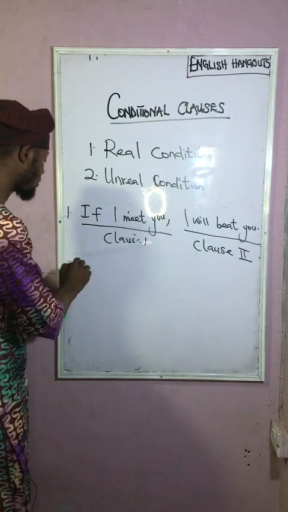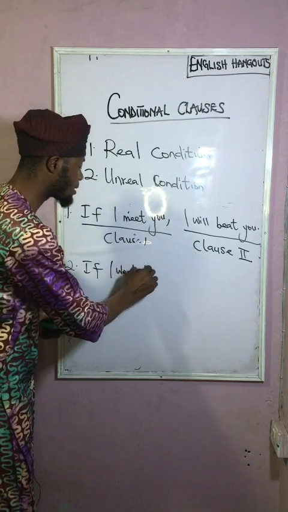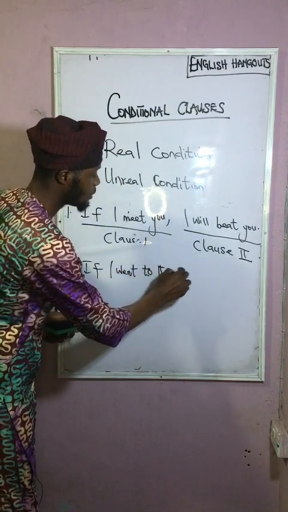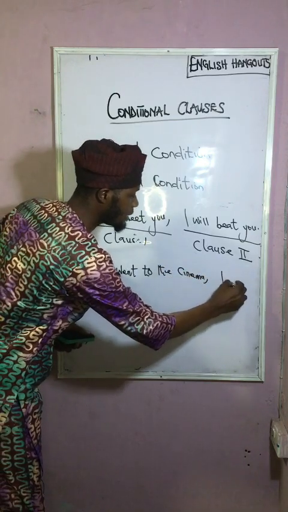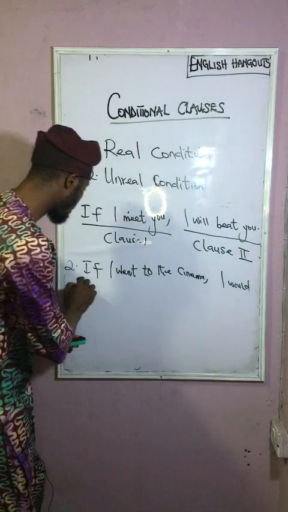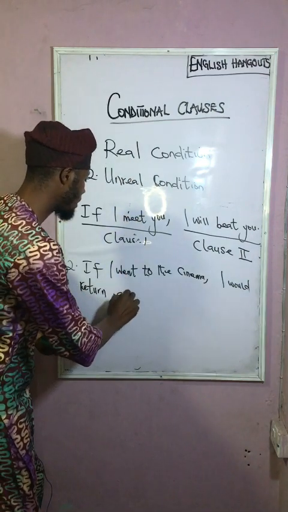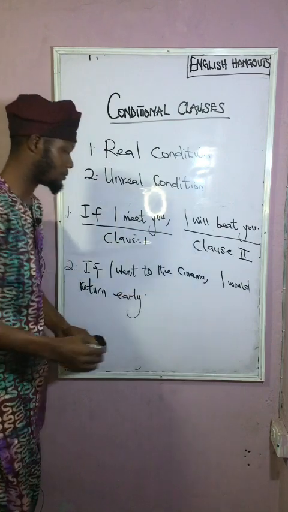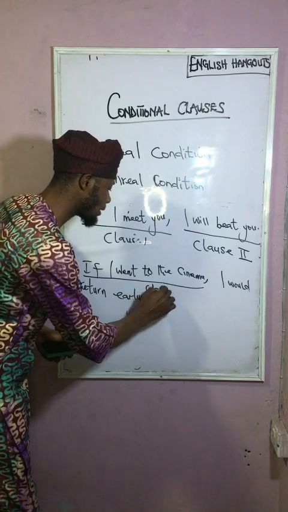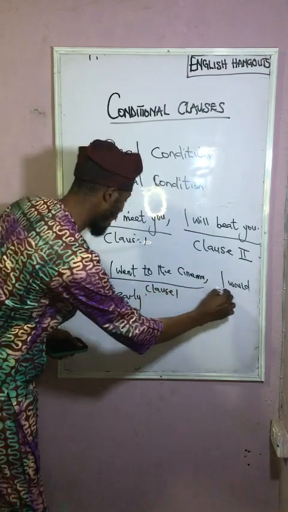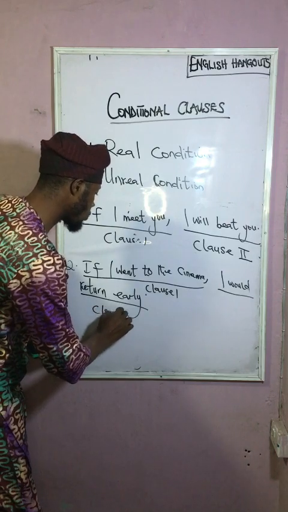For example, if I went to the cinema, I would return early. If I went to the cinema, clause 1; I would return early, clause 2.